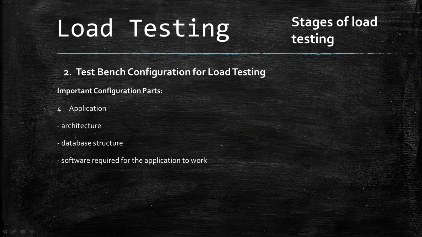Ideally, the test bench completely duplicates the server on which the application is running or will be launched. But such coincidences happen very rarely in real projects, because there are many reasons.